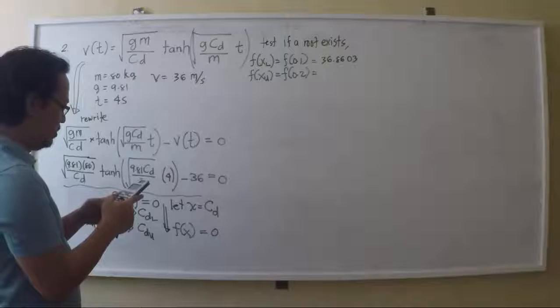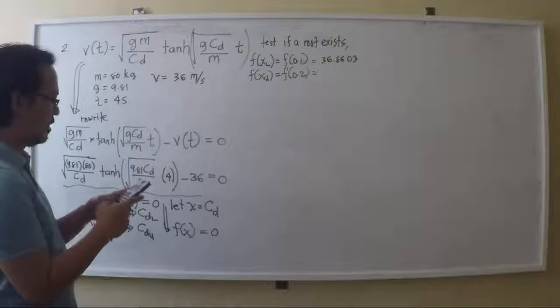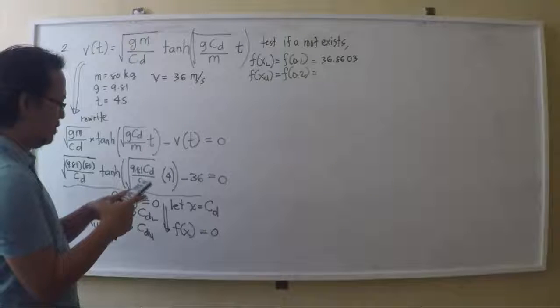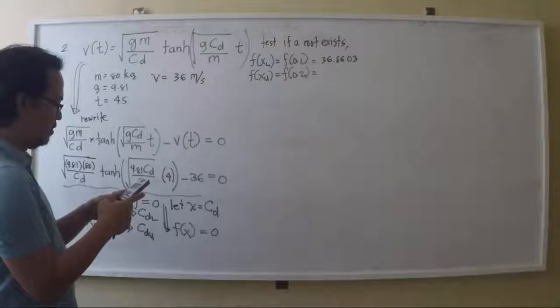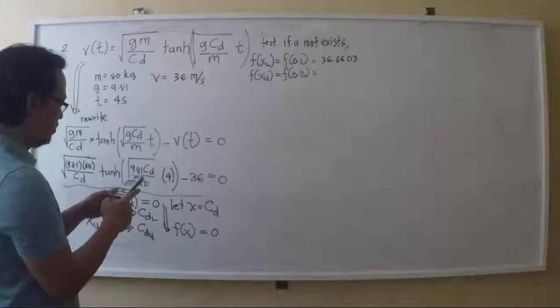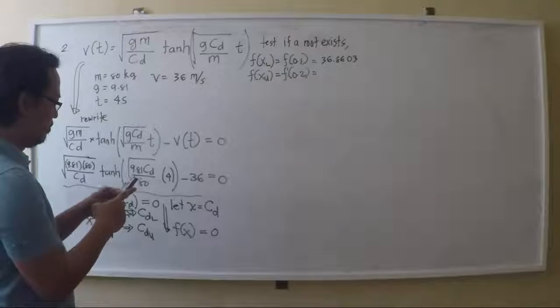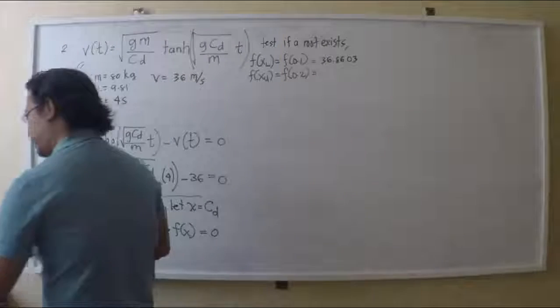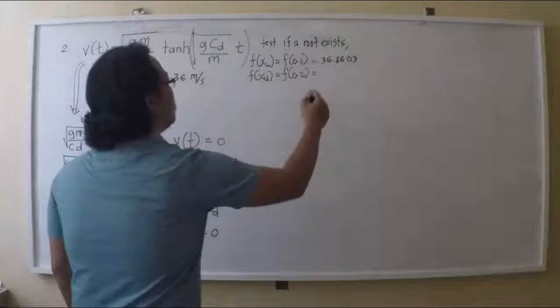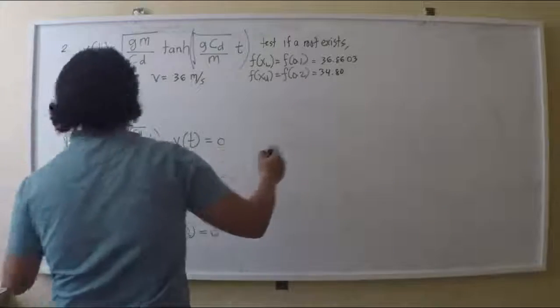And then f of 0.2, if you want to check that one too, I can do that. 9.81 times 0.2 divided by 80, square root of that times 4, then hyperbolic tangent of the answer, times square root of 9.81 times 80 divided by 0.2. Okay, the answer here is 34.8026.